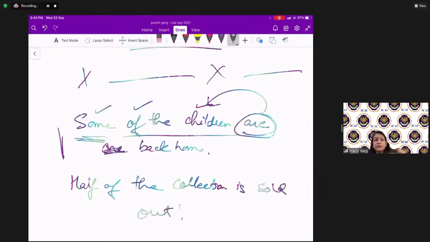Half of the collection is sold out. Now, the sentence starts from half, then comes the object of preposition, which is of the collection, and is sold out. So I'm talking about one collection, right? This is singular, which means I will use a singular verb. Yes, clear? Any problems so far?